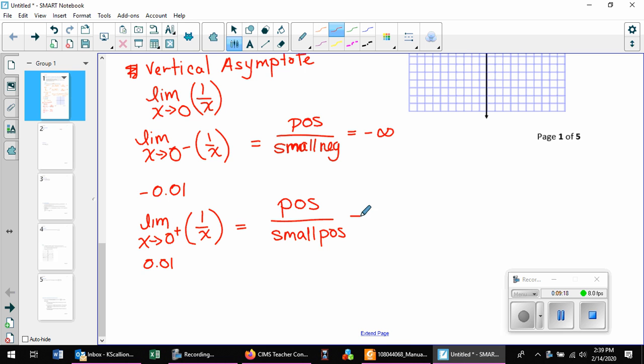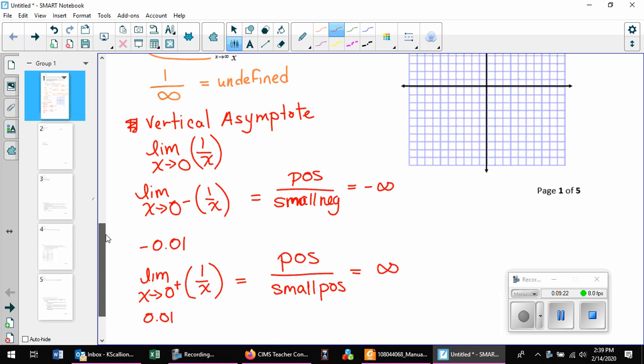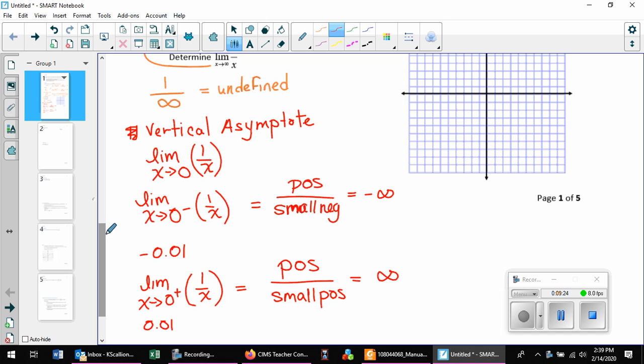So where am I going? Positive infinity. So we know on this graph that we have a vertical asymptote at 0. So when it approaches the non-permissible value, that's going to tell you your vertical asymptote. Are we good with that?